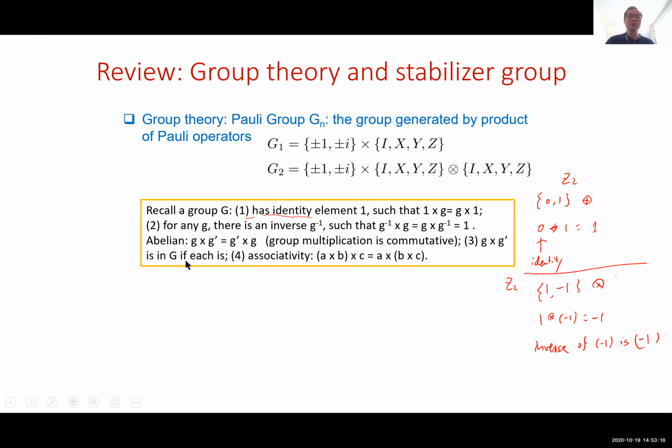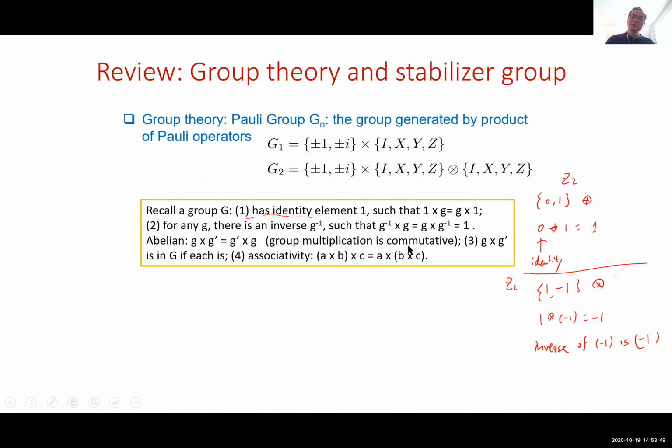There's also the property of closure, meaning that if group elements G and G prime are both in G, then their multiplication is also in G. So this is the group closure. You also have associativity. If you have 3 group elements, you can first multiply the first 2, followed by the third, or you could multiply the second and third, and then multiply the first by that product.